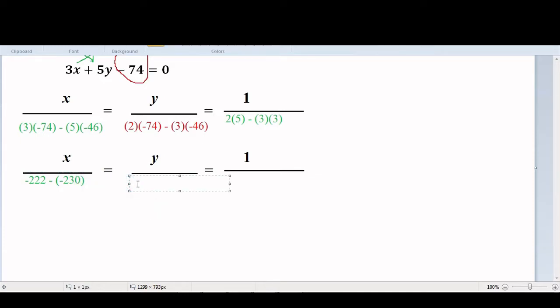Now here 2 multiplied with minus 74, so it will be minus 148, and 3 multiplied with minus 46, so it will be minus 138. Here it will be how much? 10 minus 9.